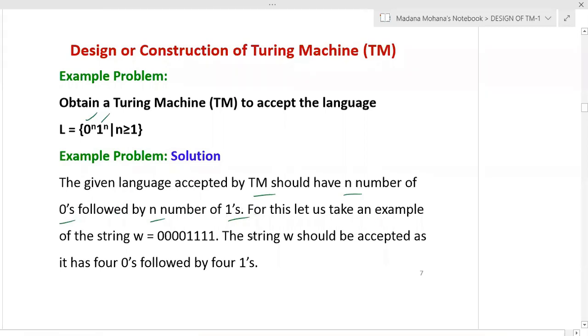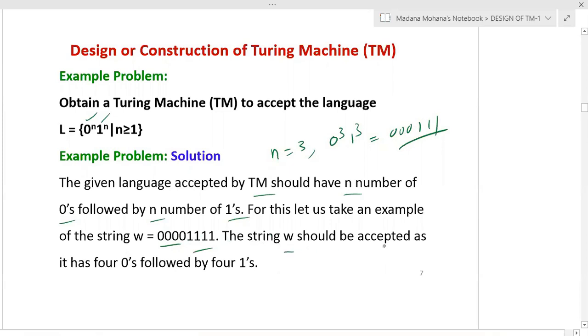For this, let us take an example string. For example, n is 3. Then 0 power 3, 1 power 3. If you expand this, 3 zeros, 3 ones. So the string is 3 zeros followed by 3 ones. Or if you take n as 4, no problem.